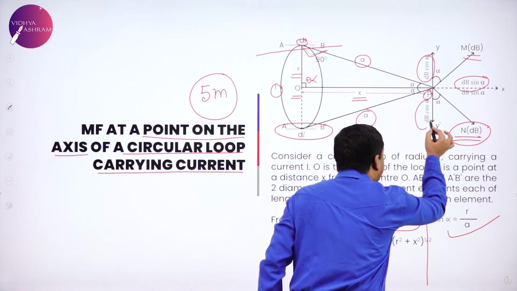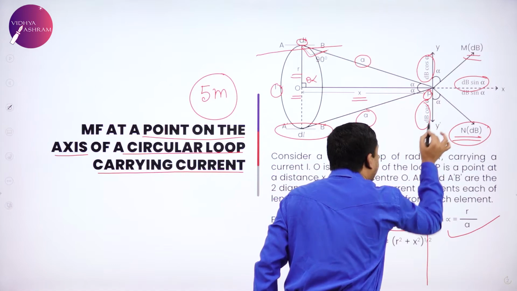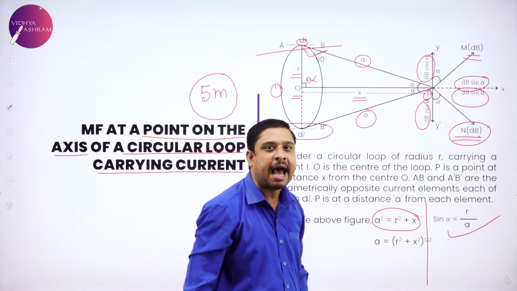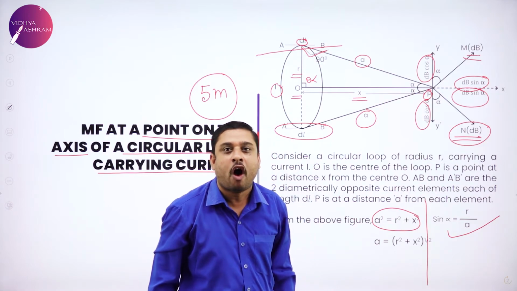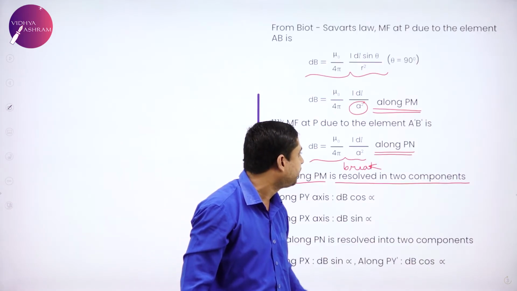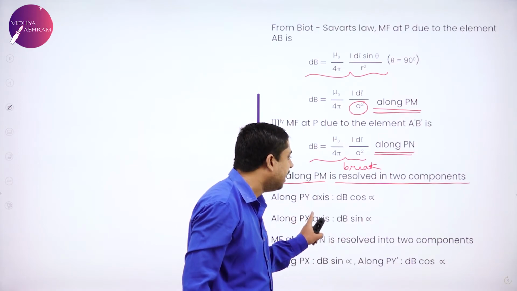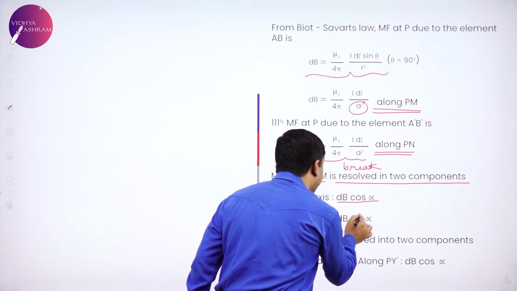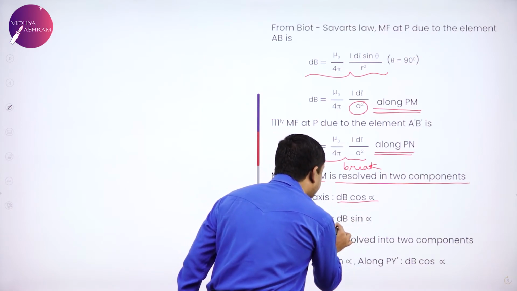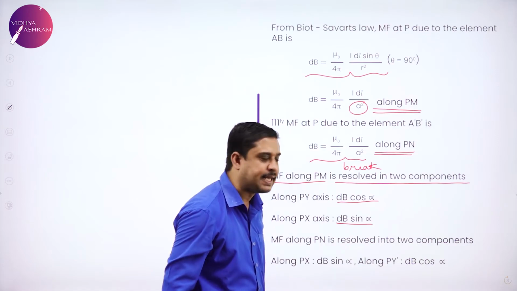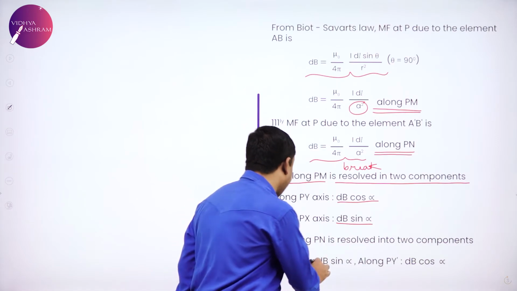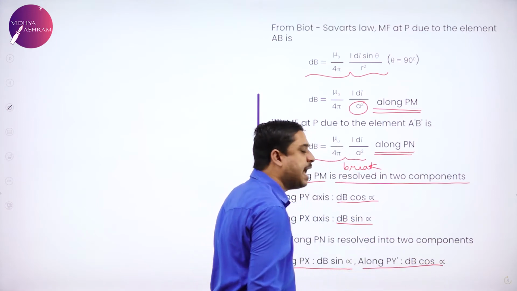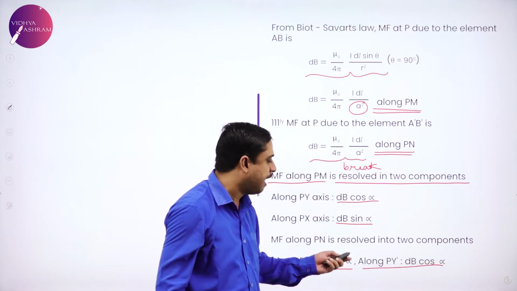Again, dB cos alpha along Py dash, dB sin alpha again along Px. Therefore, I have written here along Py axis dB cos alpha, Px axis dB sin alpha. Again, along Px dB sin alpha, Py dash dB cos alpha.